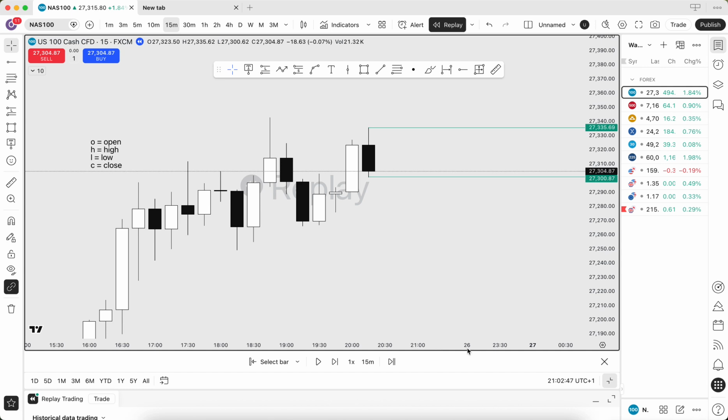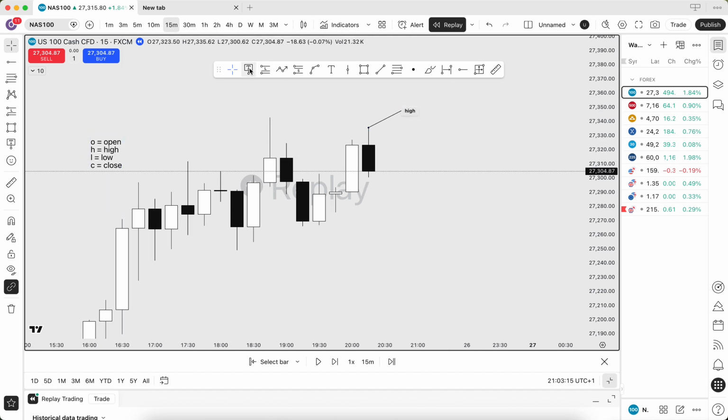For example, this is a bearish candle, right? The open of this candle remains this. Let me use a notation so that we'll understand it better. This point is the high of this candle. If you want to know about the open, as you can see, open, high.